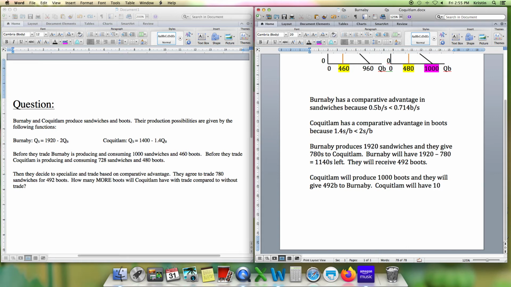They made 1,000 boots. They give 492 to Burnaby. So how many left? That will be 508. And they also get to consume the sandwiches, which were given by Burnaby. It was 780 that they got.